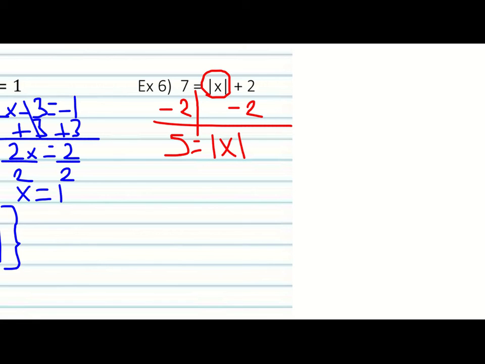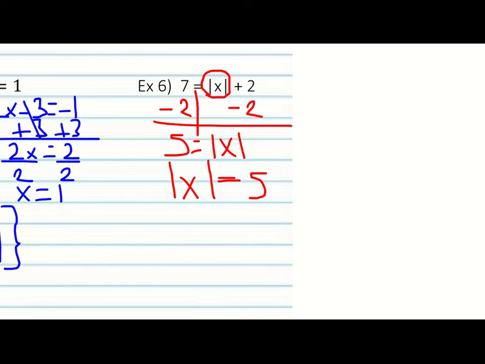Now, I like the absolute value on the left side of the equal, so I will rewrite this as the absolute value of x equals 5. You are not required to do that. That's just how I like to see it, personal preference. Now that the absolute value is isolated, I will solve this equation.